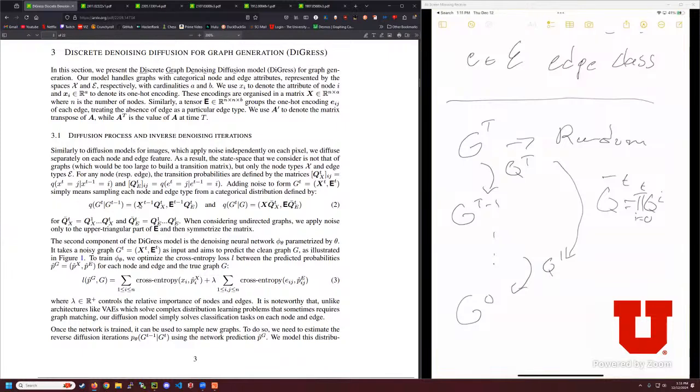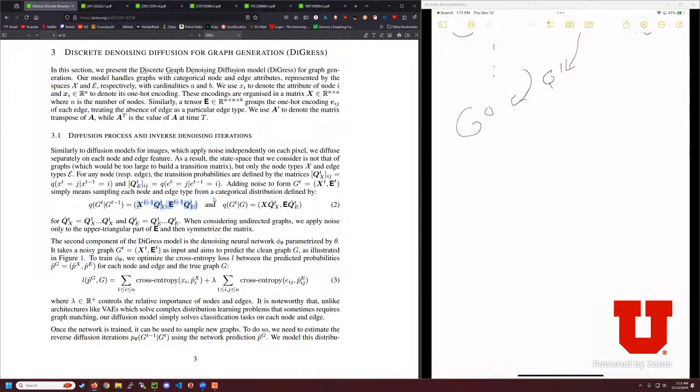So if we look down here, they've defined the transition matrix to be the probability. Sorry, I'm just going to be writing these lines right here. Where we have Qt of ij equal to the probability that x at t is equal to j given x at t minus 1 is equal to i.